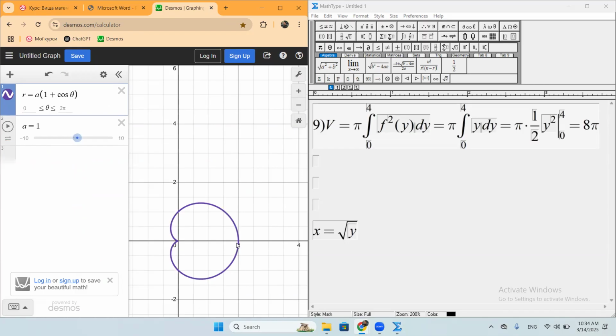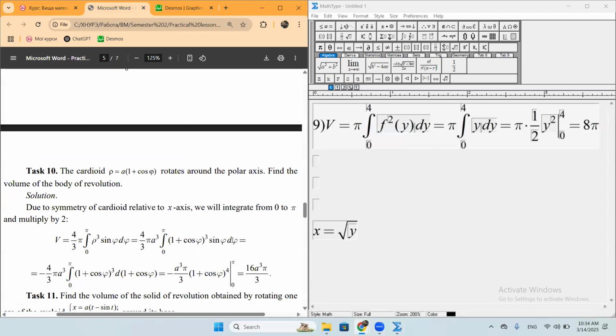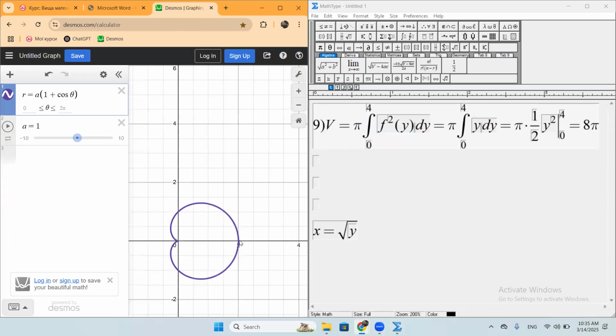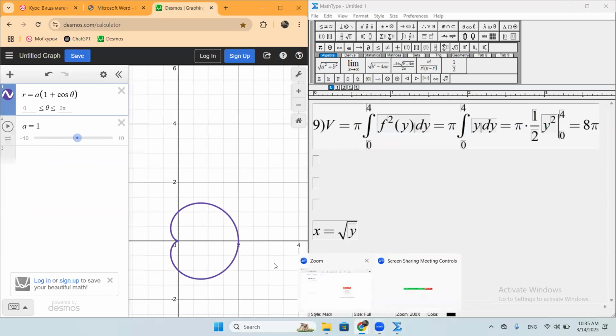And we need to calculate the volume when we rotate the cardioid around the polar axis. What is interesting for us is only this top half.